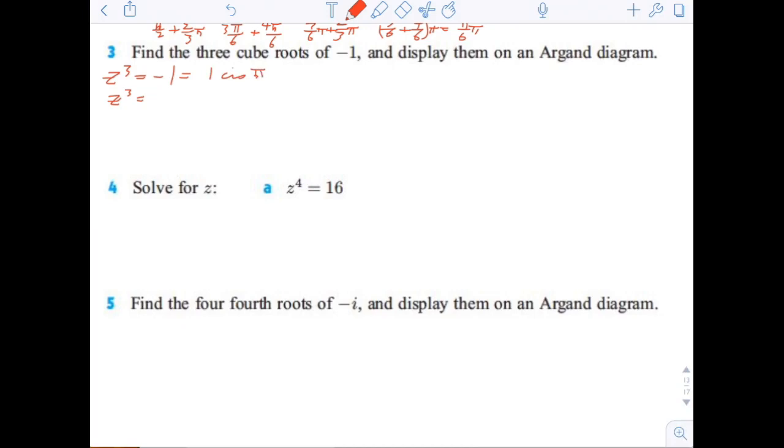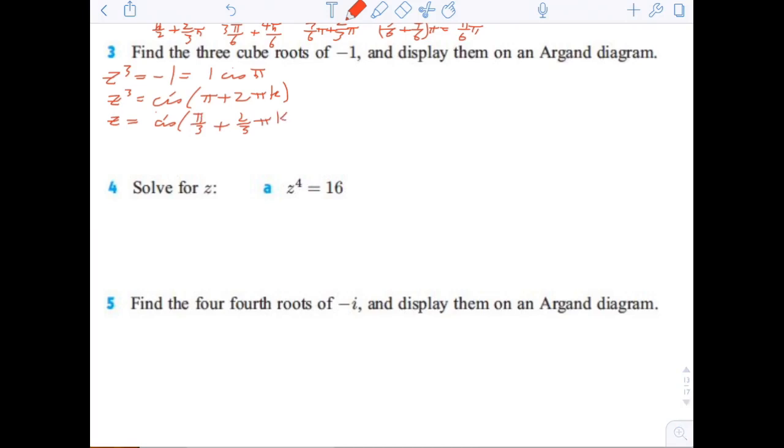And instead of 1 cis pi, I'm going to write cis pi plus 2 pi k, where k is an integer. k is any integer. And I am going to take the cube root of both sides. So I get 1 to the 1/3 power, which is 1. And then I can take the argument here and divide it by 3.